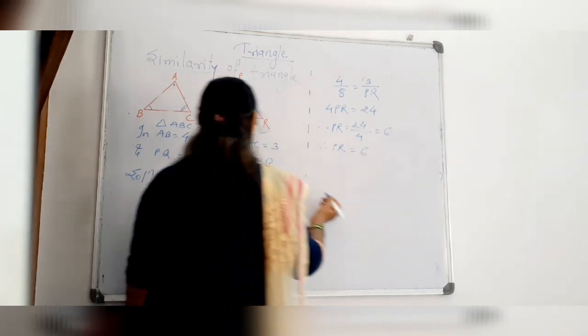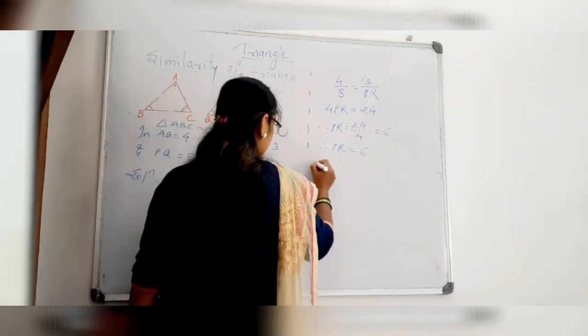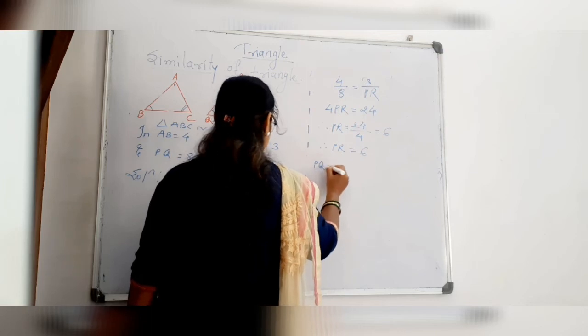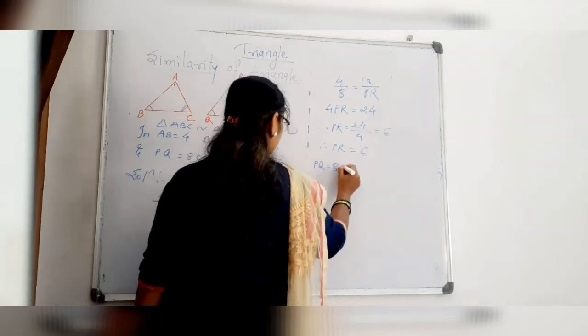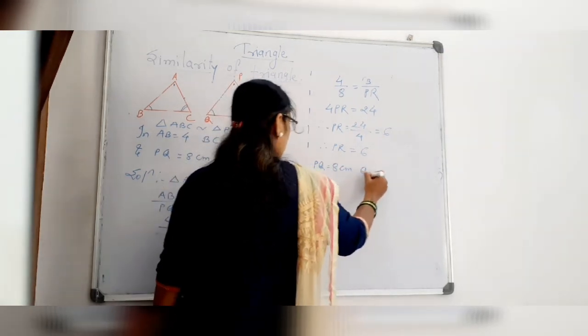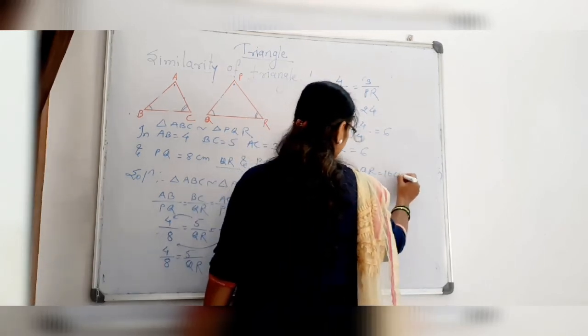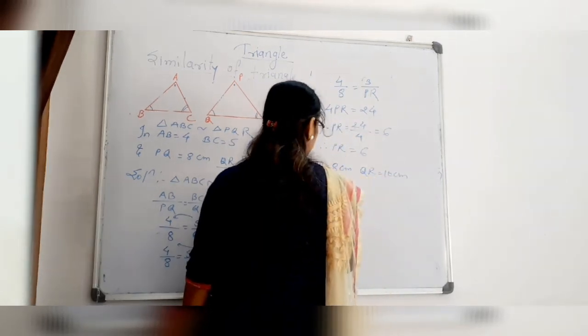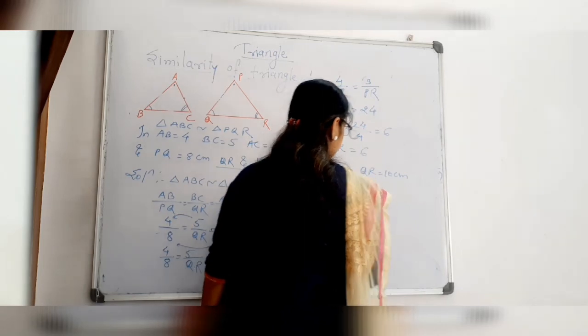You get all the three sides: PQ is equal to 8, QR is equal to 10 centimeter, and PR is equal to 6 centimeter.